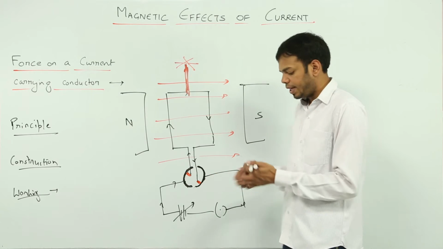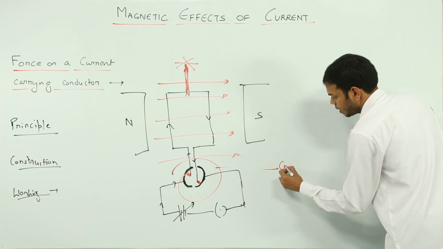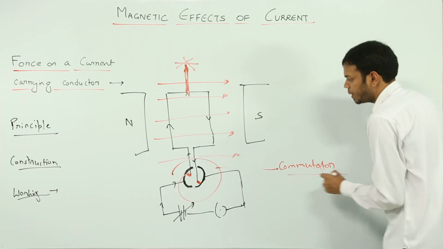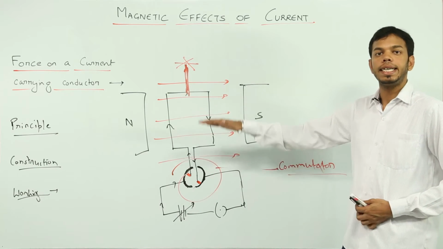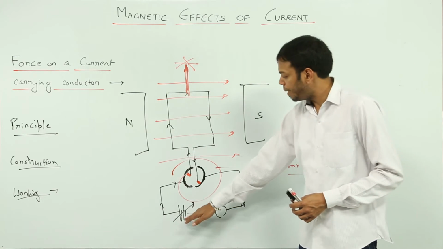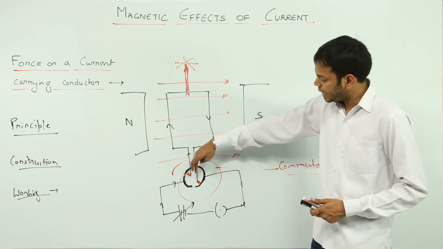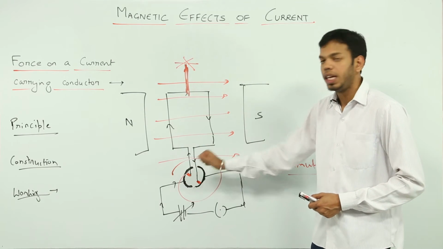Third is the commutator arrangement. C-O-M-M-U-T-A-T-O-R, commutator arrangement. This commutator arrangement provides a constant connection from battery to the loop. How? As soon as this wire finishes off with half of the ring, it goes in contact with the other wire.